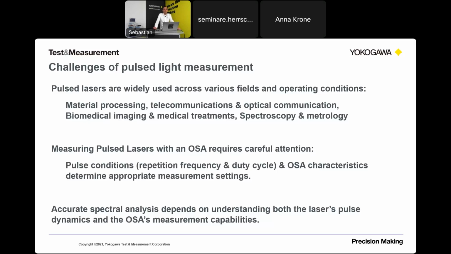So you have to take the pulse conditions into consideration, such as repetition frequency and duty cycle, and the characteristics of our grating-based OSA, which is a scanning system. And to achieve an accurate spectral analysis of your laser source, it is important to understand both your laser and the operating conditions and the capabilities of our spectrum analyzer.